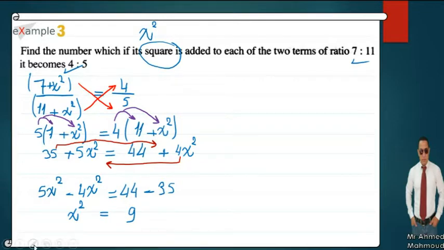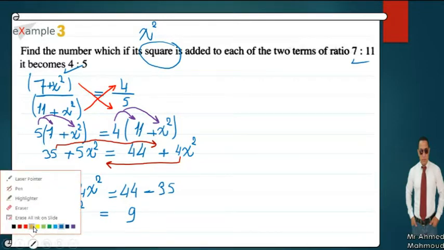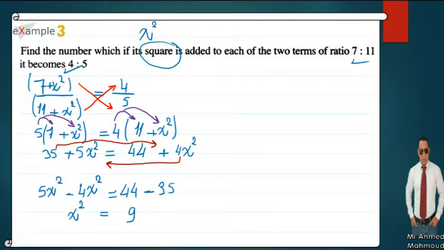Then to cancel the power 2, I will take the square root of both sides like this. Therefore, x equals negative or positive 3. Okay, then the number is negative or positive 3. The next example.